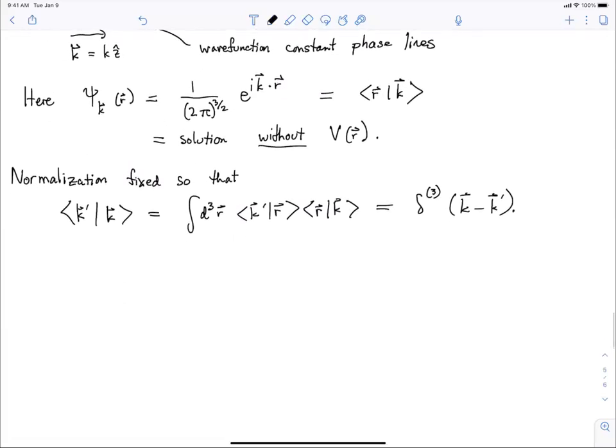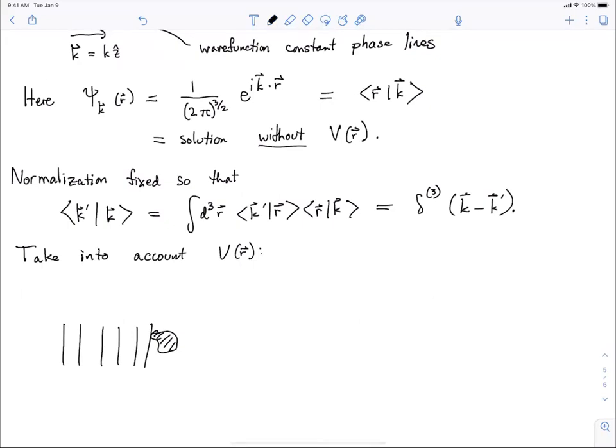Okay, so now let's take into account the potential. Let's first draw a picture of what it's going to look like. Here's our potential region again. This is some blob. We're sending in our plane wave. And out is going to come some spherical waves. I should draw a complete spherical wave.